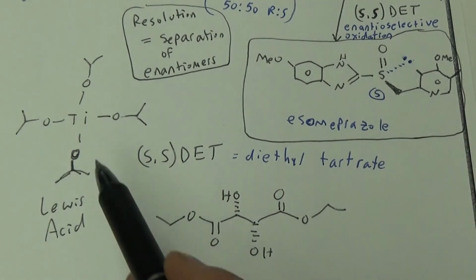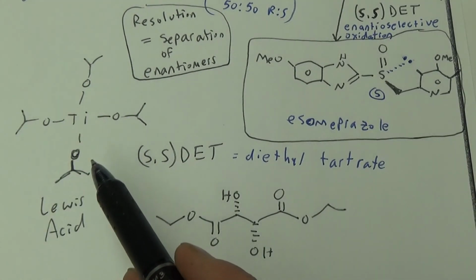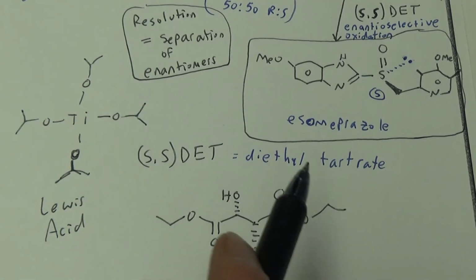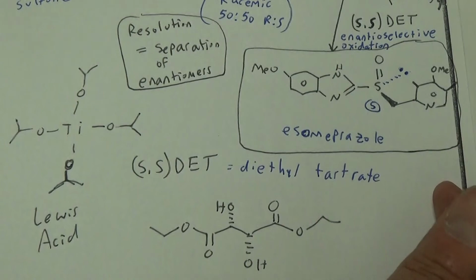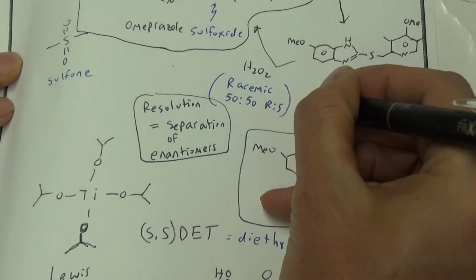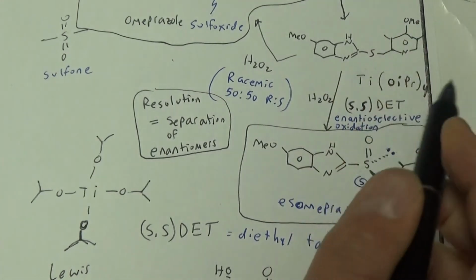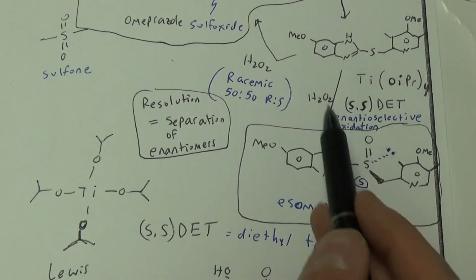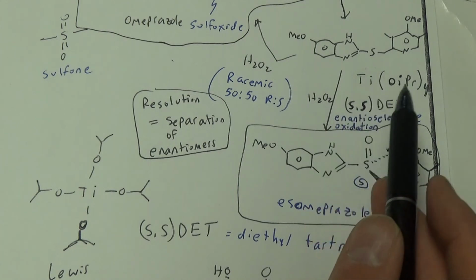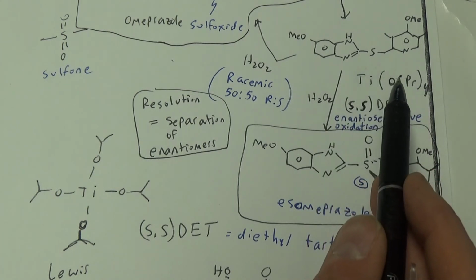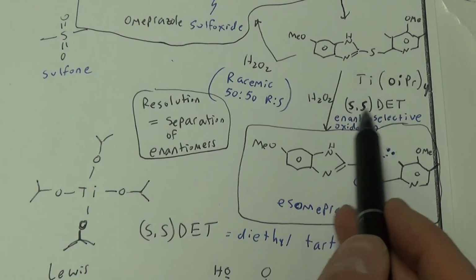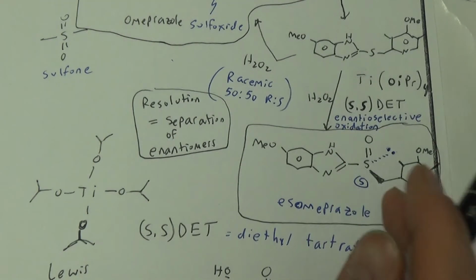And what happens is probably, actually, I'm sorry, there's one more reagent I forgot. It's H2O2. You need H2O2 in here also. So H2O2 is in the mixture. So it's really the combination of all these three things. You still need the oxidizing agent H2O2. Okay, so the titanium compound, H2O2, and SS DET are all used for this.